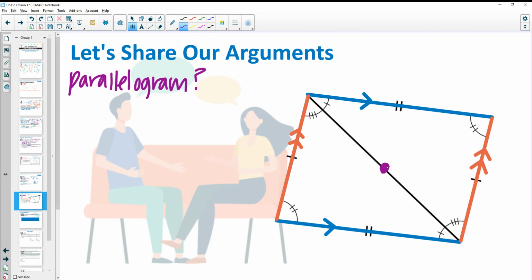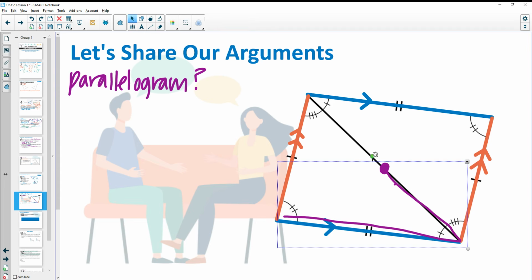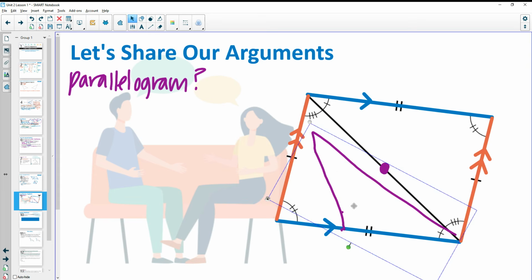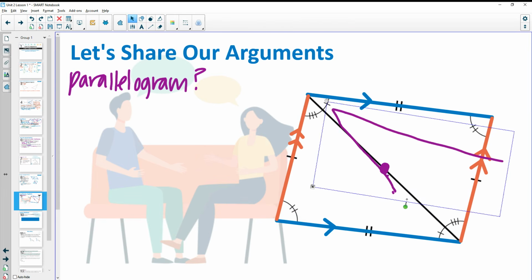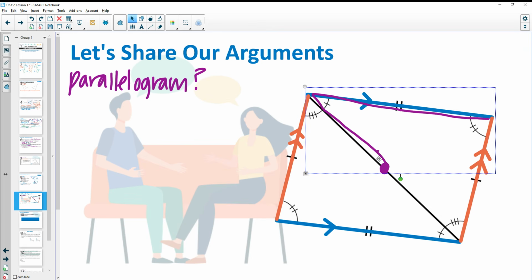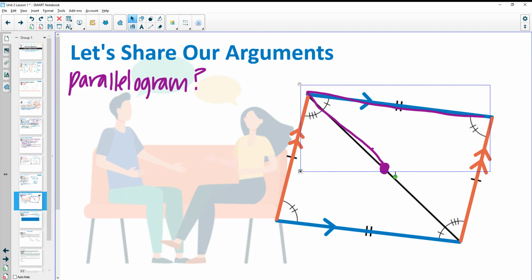Maybe you remember that when we do a 180-degree rotation around a point, it creates parallel lines. You have this written on your reference chart from Unit 1. If you rotate around 180 degrees around a point, it creates a parallel line.